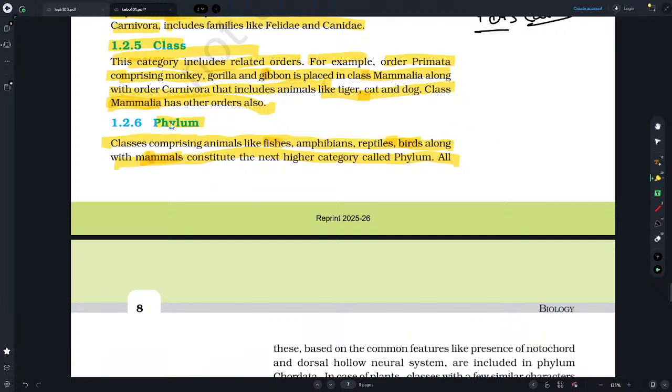Let's read the statement again. Phylum: classes comprising animals like fishes, amphibians, reptiles, birds along with mammals constitute the next higher category called phylum.